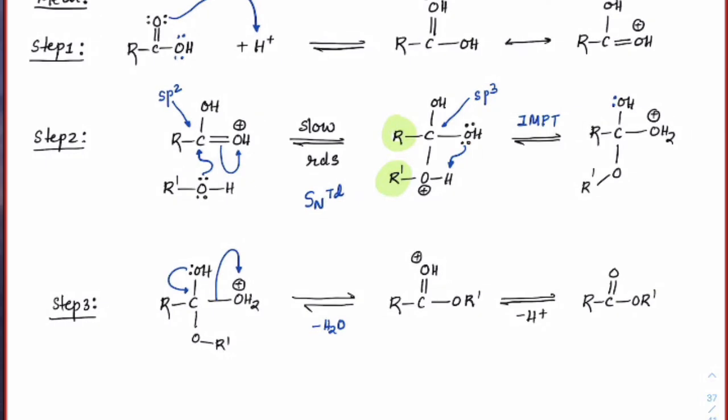So what do we have here now? Double bond OH and OR. Since it is in acidic medium, we can definitely expect that H plus will leave, and then RC double bond OR dash will be formed. And because it is in acidic medium, again it can attack and the reaction will keep going backwards also. Okay.